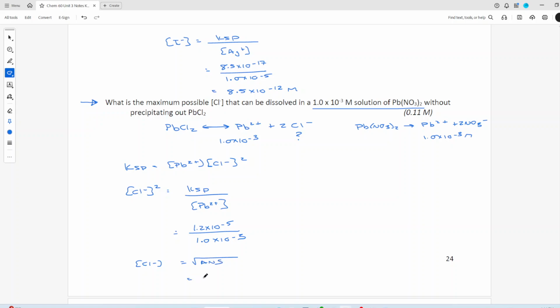So don't forget that. We're going to do 1.2 times 10 to the negative 5 divided by 1 times 10 to the negative 3, and then take the square root of that answer. And I get 0.11 moles per liter. Done. The next lesson, if it makes you feel better, is very short.